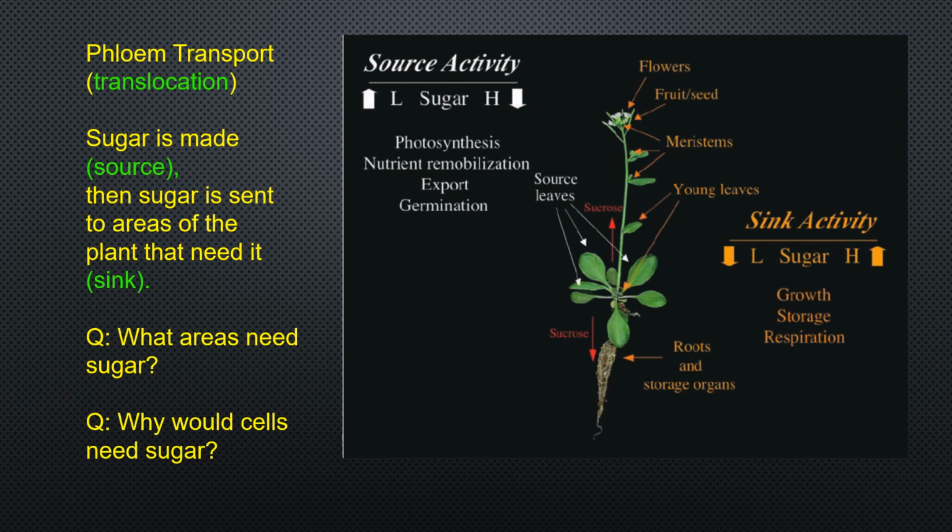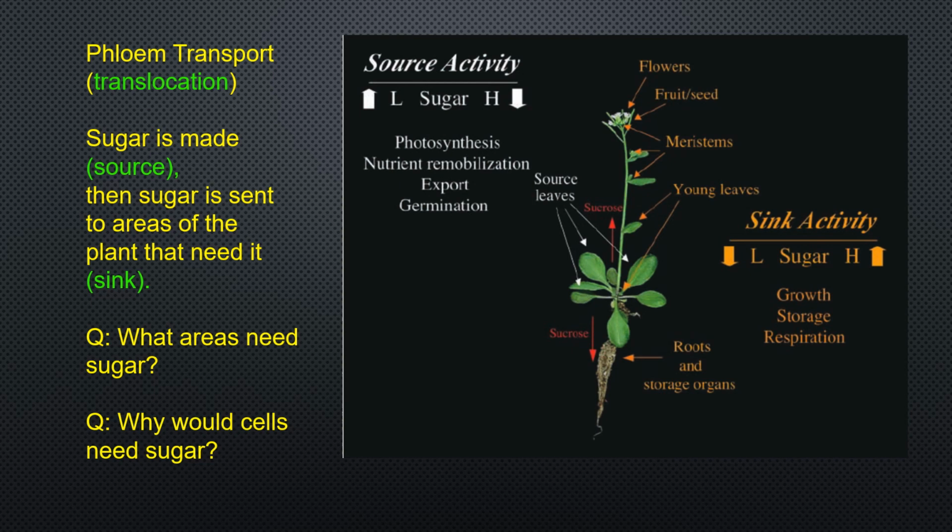And then what areas would then produce sugars? Well, that would be your large leaves, your stems, and like I said before, if you have a storage spot, then that would also be an area which would be called a source.